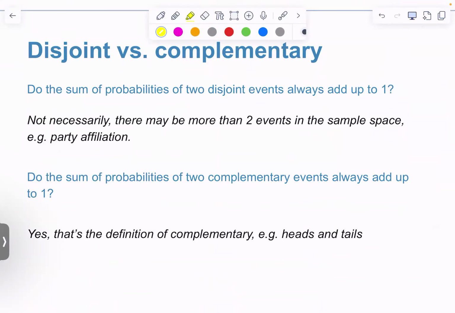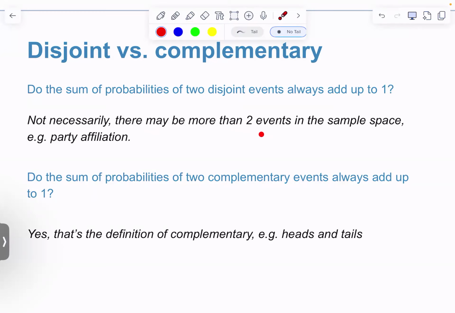A quick note on the difference between disjoint and complementary, because there's a subtle difference. Do the probabilities of two disjoint events always add up to 1? Not necessarily, because there could be more than 2 events in the sample space.